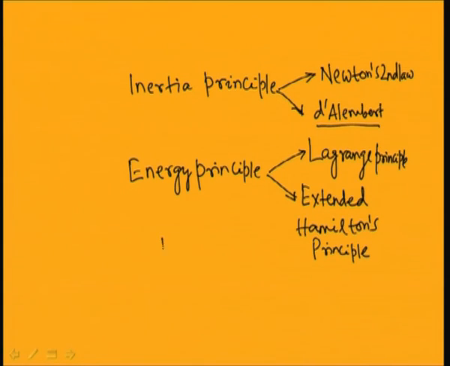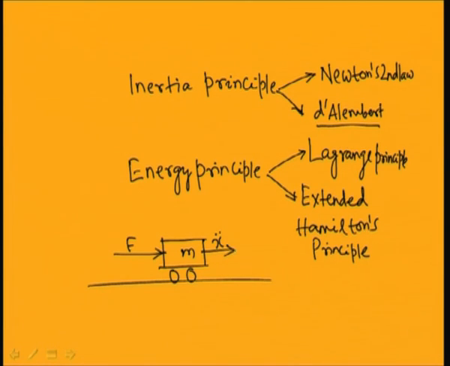The D'Alembert principle, if you recall, is nothing but, if you have a mass subjected to a force F, this is a mass m, it will be accelerated by an amount a, or this acceleration you can write in terms of x double dot. So, according to this D'Alembert principle, you can convert this dynamic system to an equivalent static system by incorporating the inertia force of the system.